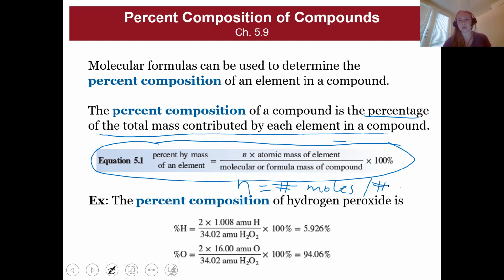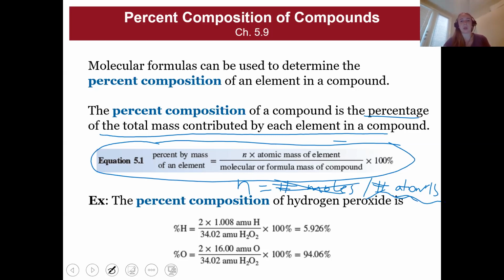We're going to use it as the number of moles when we get to chapter 11 for sure, probably sooner than that. But for now, we'll call it the number of atoms, sorry. So it's the number of atoms in one molecule of the compound. And that's the number of a certain type of atom.